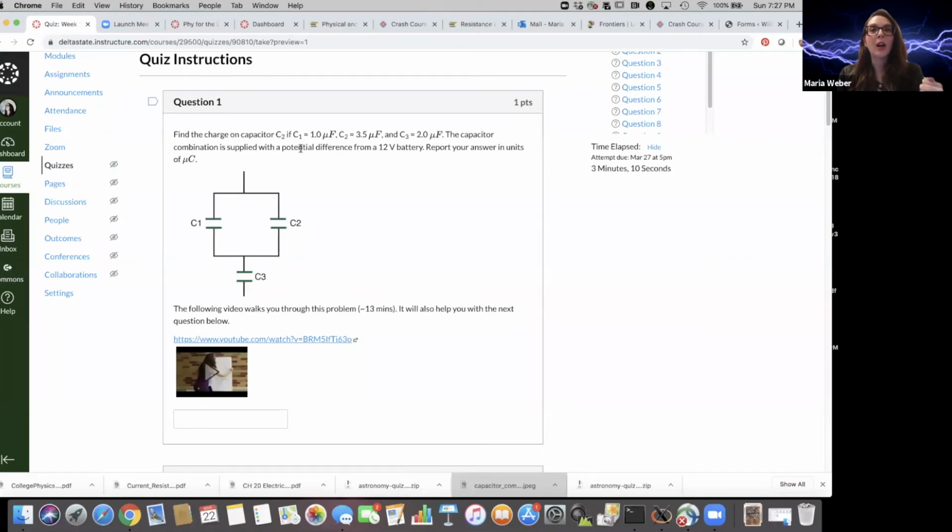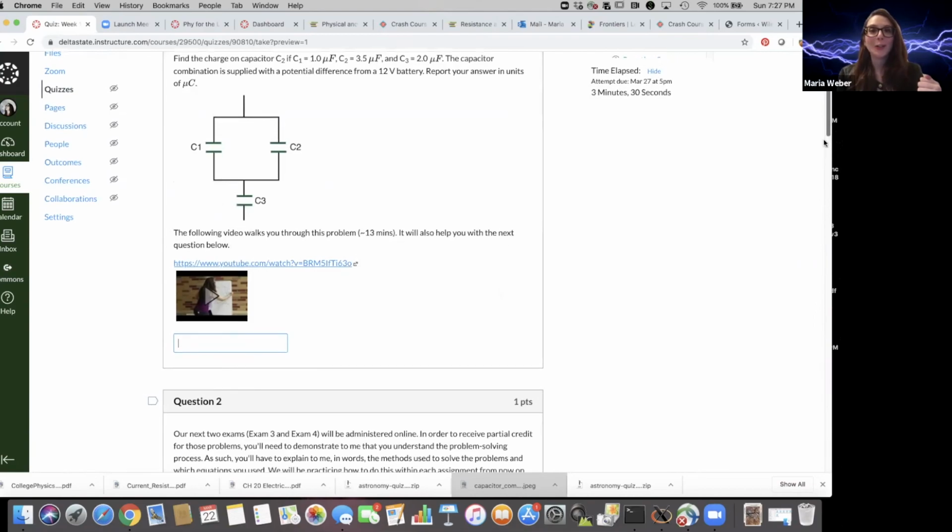Find the charge on capacitor C2. And I tell you what all the different capacitances of these different capacitors are, and you'll report your answer down here in units of microcoulombs, okay?